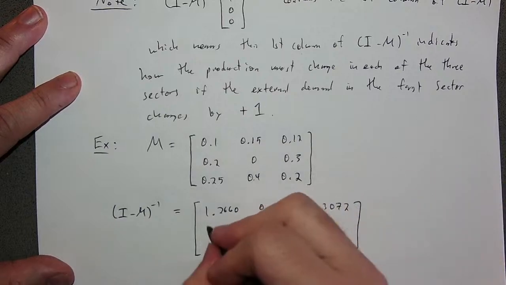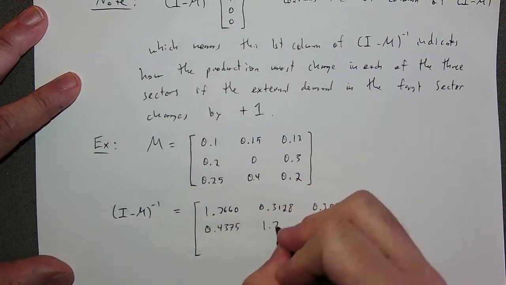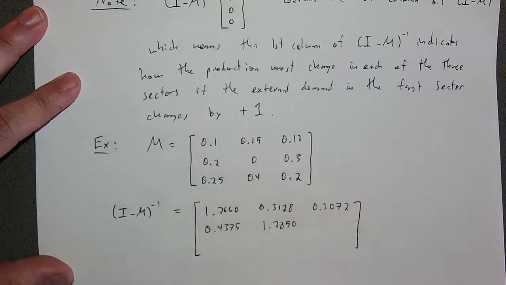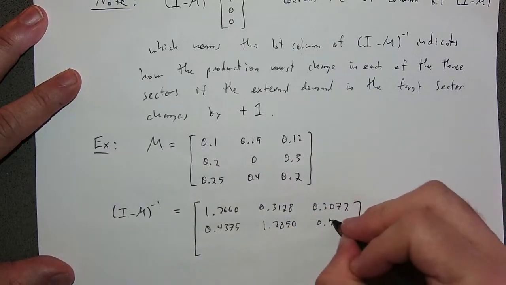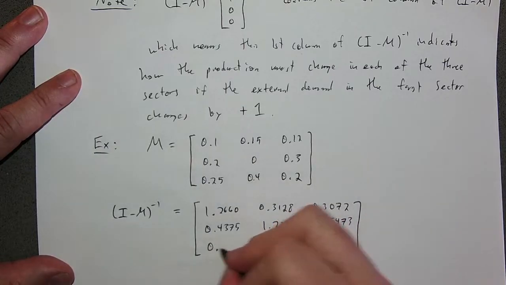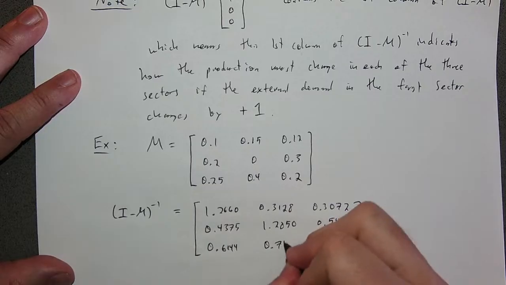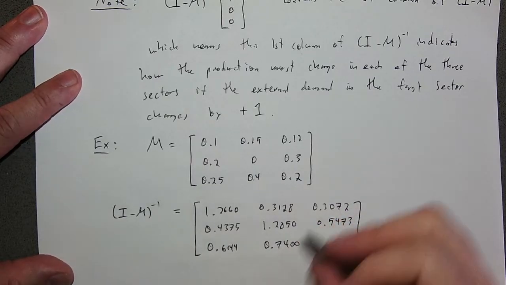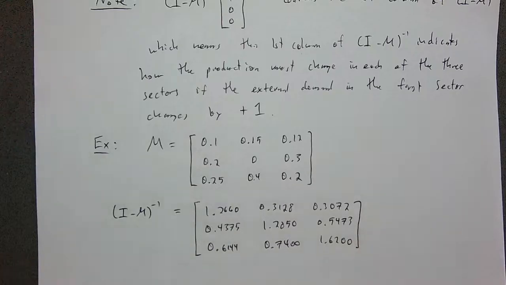Next row is 0.4375, 1.2850, 0.5473. Next row, 0.6144, 0.7400, and 1.6200. This is my (I minus M) inverse.